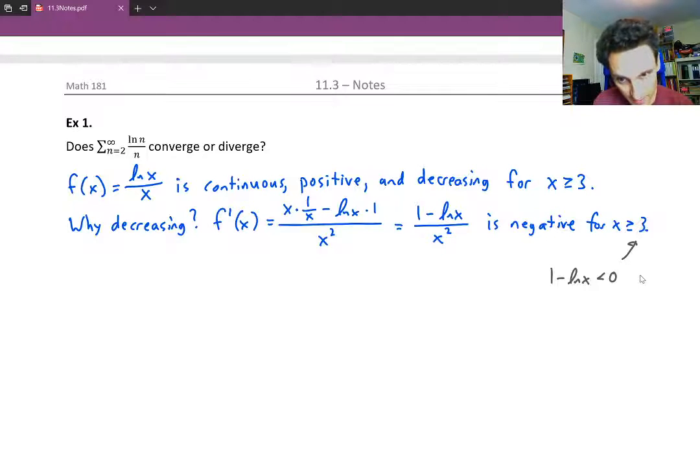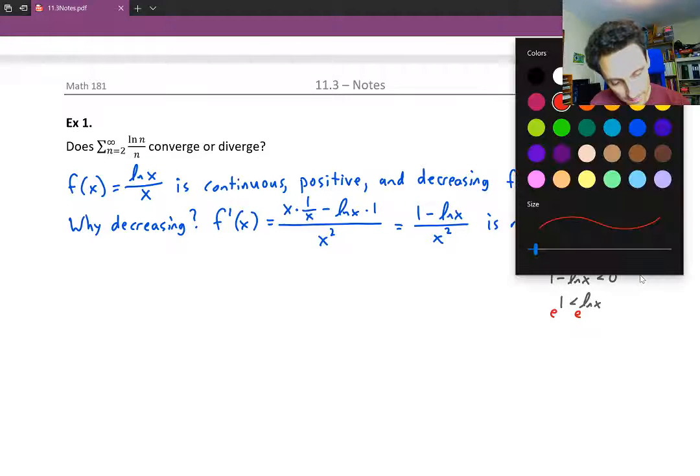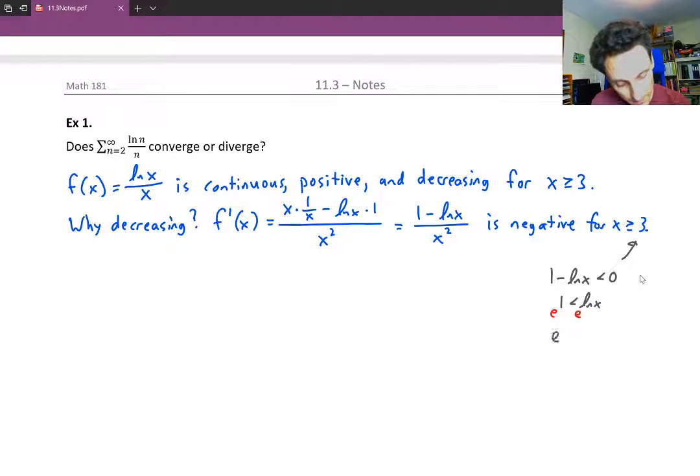Let's solve this to figure out where this happens. Here we're going to apply the exponential to both sides. So you get x is greater than e. Remember, e is approximately 2.7. So 3 was just the next whole number after 2.7. That's where the 3 comes from.